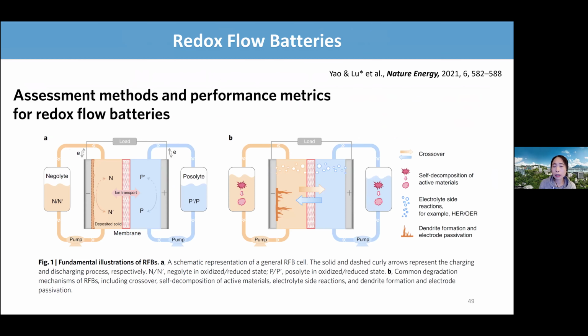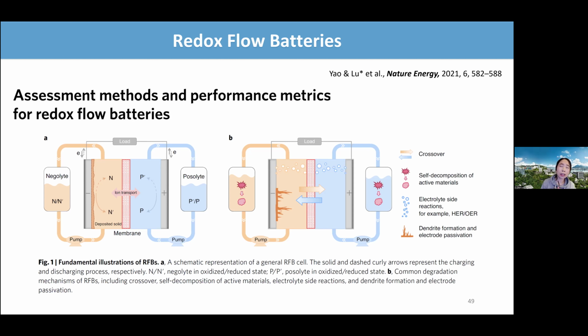So this is, I believe, my last slide, since my time is also up. We also wrote a perspective to share about the assessment methods and performance metrics for flow batteries, and looking into what type of cell configuration for long-term stability tests, what type of analysis will be important for different types of flow battery, right?